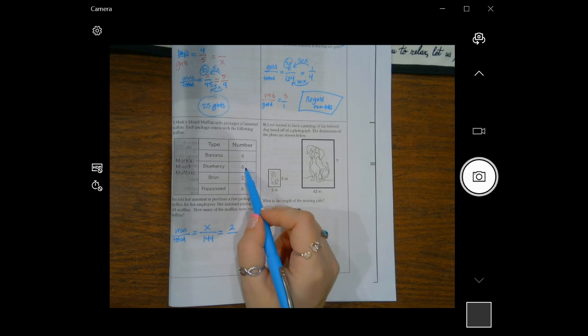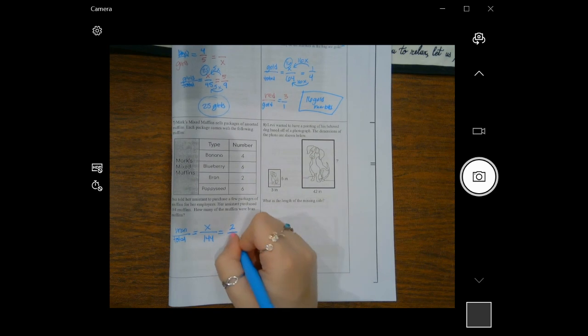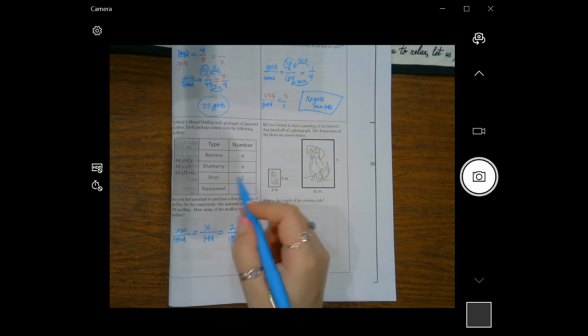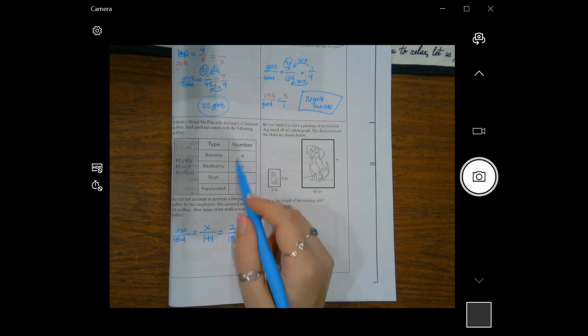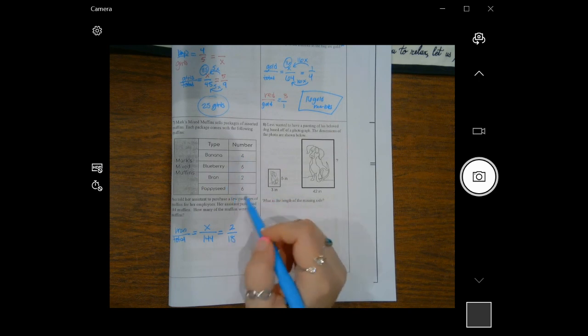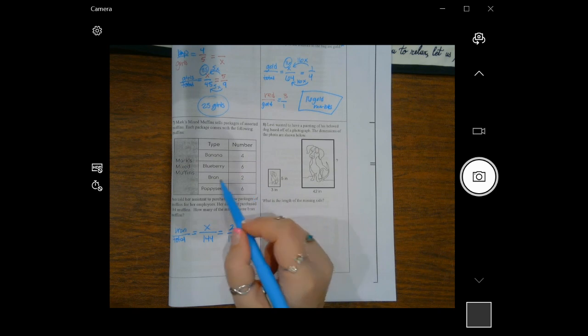Well, that makes 10. 10 plus 2 is 12, and 12 plus 6 is 18. And yes, you include the 2 bran muffins because it's part of the overall package. Okay, so again, I added all of these, and that's the total amount when there's 2 bran.